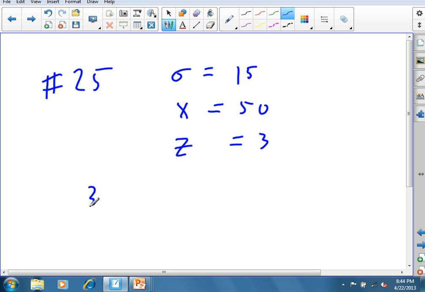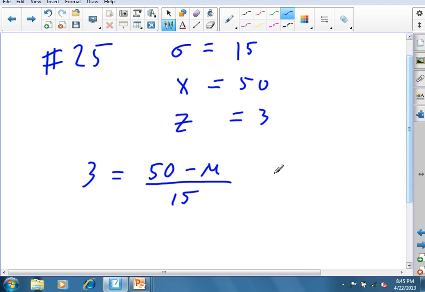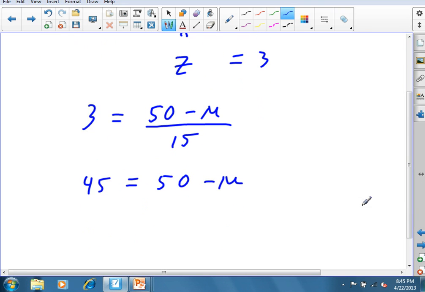Okay, so 3 is equal to X, which is 50, minus the mean, divided by 15. All right, 3 times 15, so I got 45 is equal to 50 minus mu. The 50 goes on the other side. Minus 5 is equal to minus mu. Final answer. Mu is equal to 5.